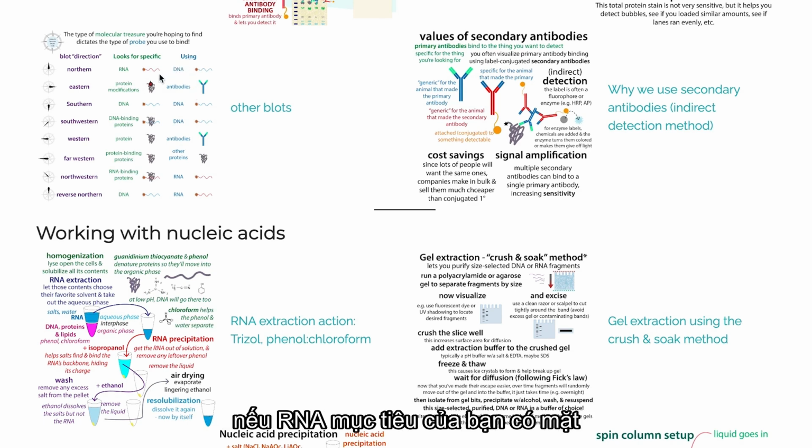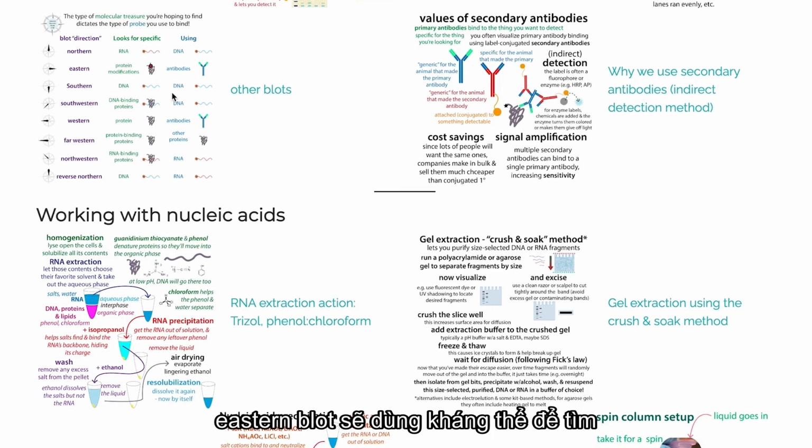So if your RNA sequence of interest is present, the DNA is going to bind to it and show you where it is. An Eastern blot is going to use antibodies to look for protein modifications, so similar to a Western blot, except instead of looking just for a protein, you're looking for a modification, something maybe like glycosylation, so the addition of a sugar chain.